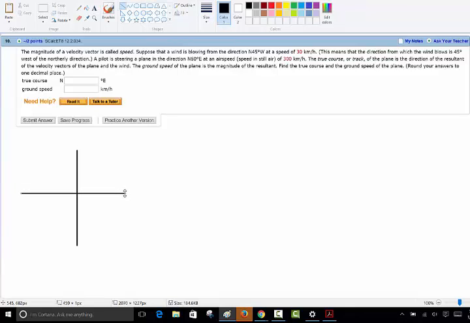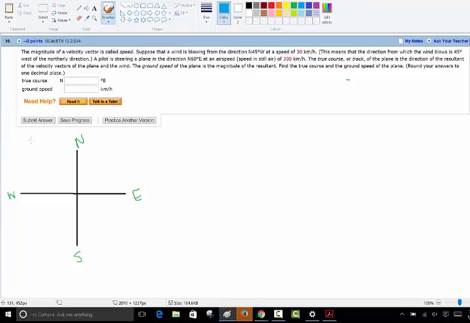Okay, so here's north, south, west, east. Here's the tricky part of this problem, is that they say the wind blows from that direction. So 45 degrees west of north is just halfway between north and west, right?